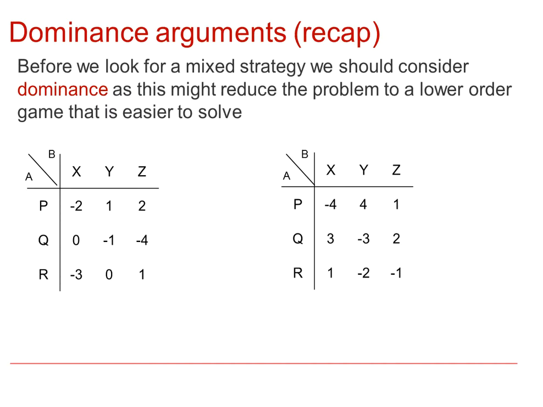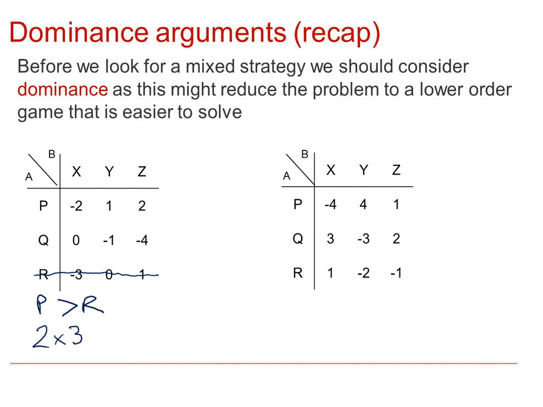And therefore we would say that P dominates R. That is to say that A should never play R, because it's always better to play P. And therefore this would reduce down to a 2x3 zero-sum game.